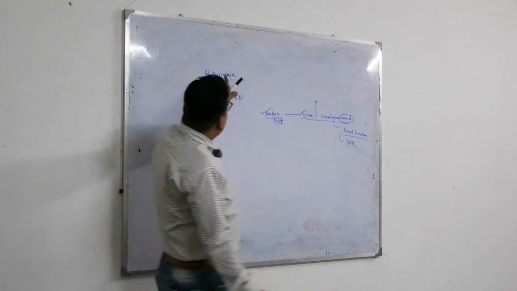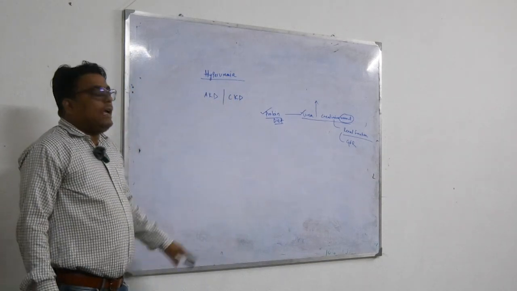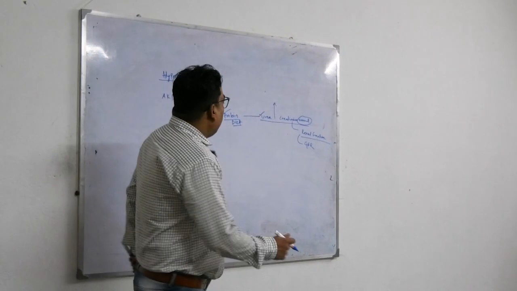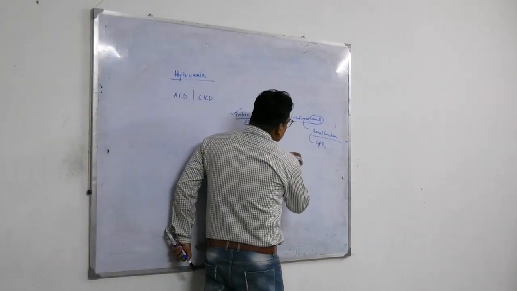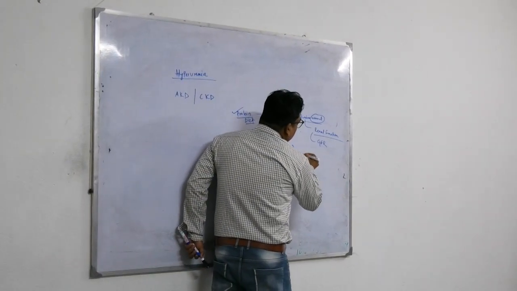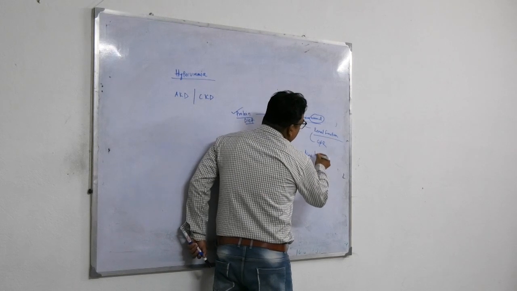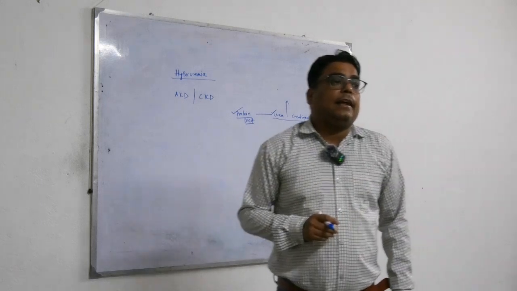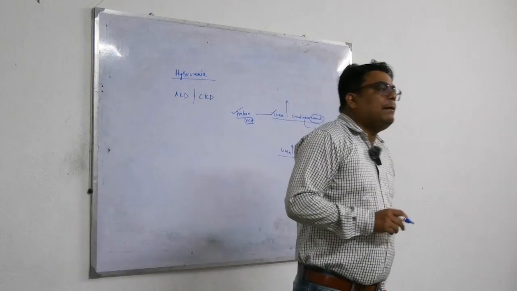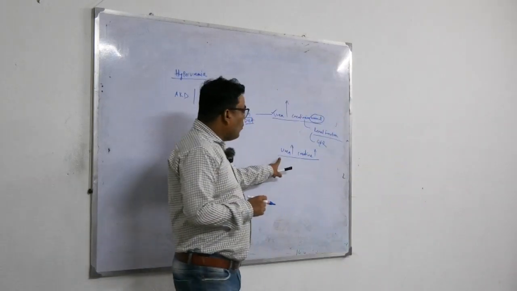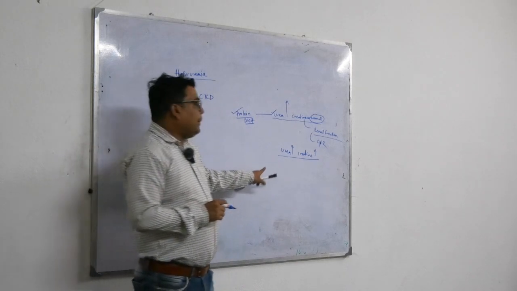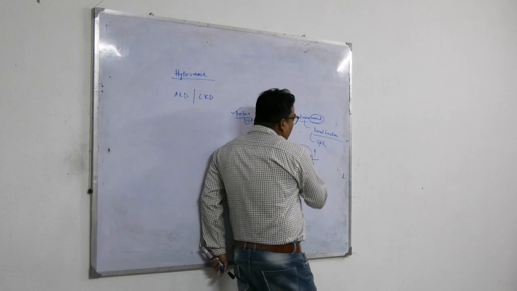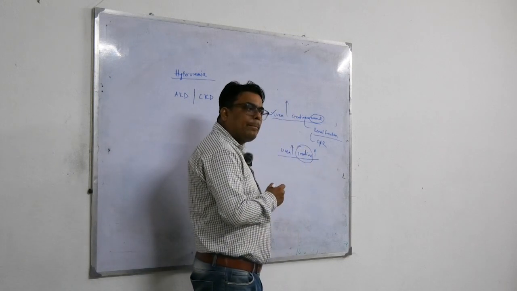If hyperuremia is caused by AKD or CKD, then in this condition both urea and creatinine increase in the blood, because it is mainly increased by the impaired function of the kidney.